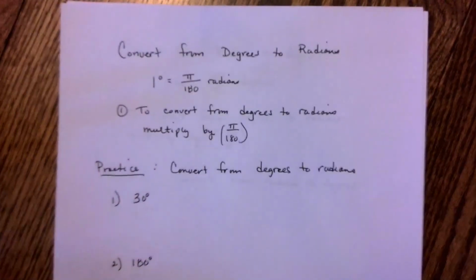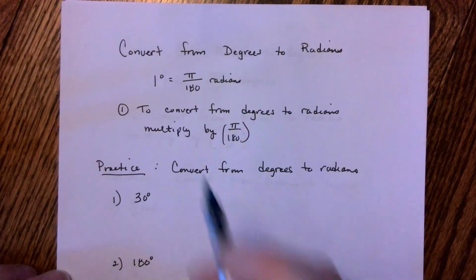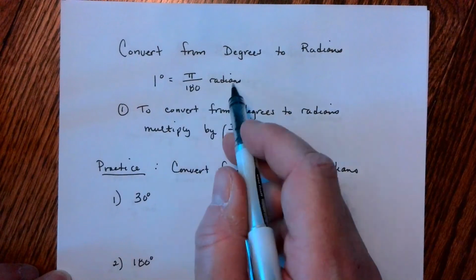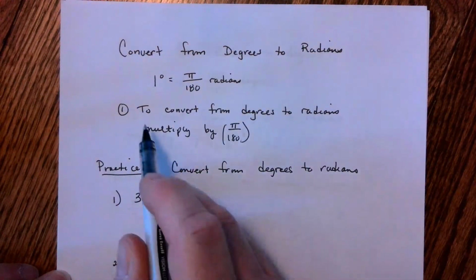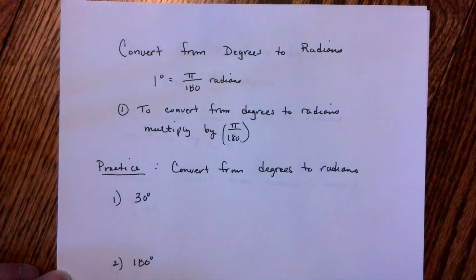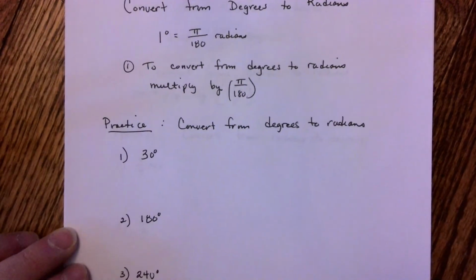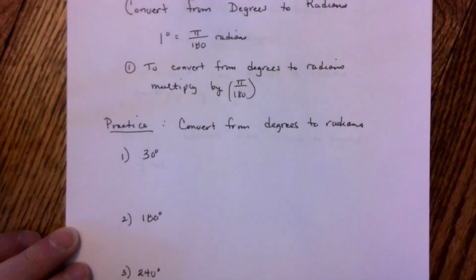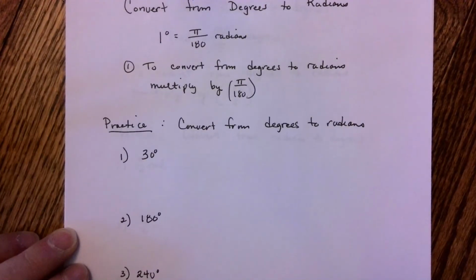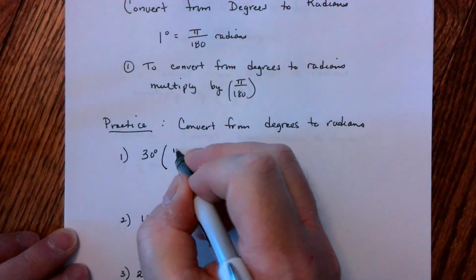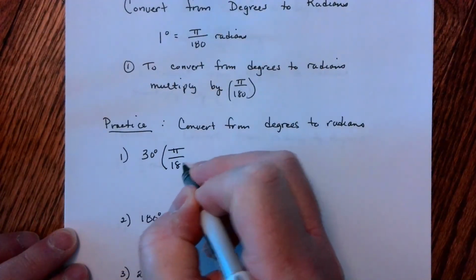To convert from degrees to radians, we bring our relationship back in, that 1 degree is equal to pi over 180 radians. So to convert from degrees to radians, you simply multiply by pi over 180. Let's work some problems very quickly. 30 degrees, I want to convert it from degrees to radians, so I'm going to multiply times pi over 180.